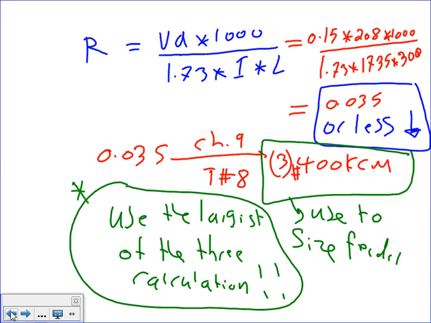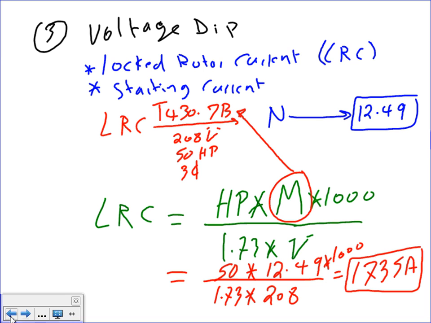The question is on this calculation, which is 0.15 times 208 times 1000 divided by 1.73. Isn't that 17.35? Did you miss 2 digits? I usually miss 1 digit. When we did the calculation for the amps, let's go back to how we calculated this. Did you multiply by 1000?